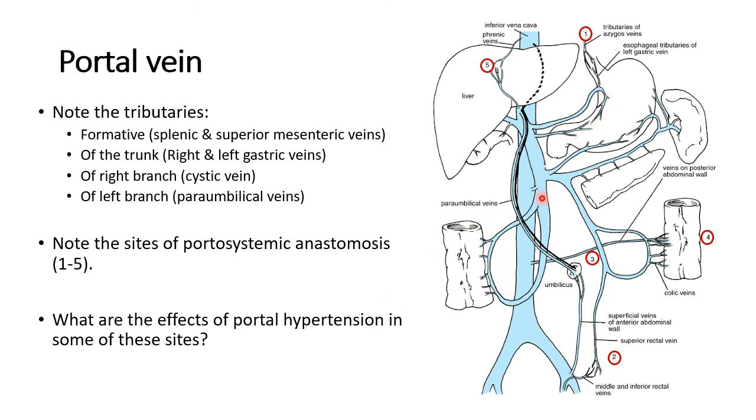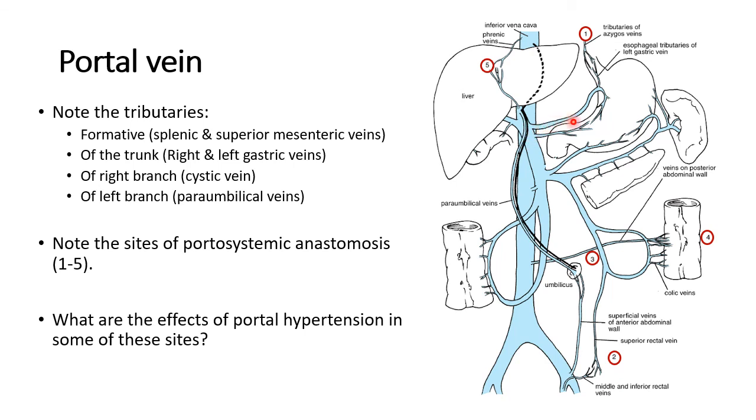Now this is important. This becomes important if there is a problem in the liver that will cause portal hypertension. Blood which is drained through the portal vein is not able to pass through the liver, and this condition is called portal hypertension. So there is a high pressure in the portal vein.